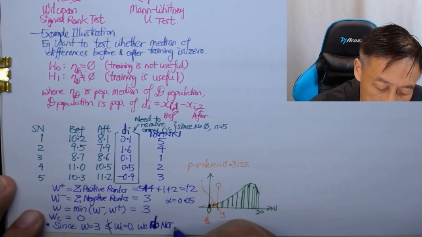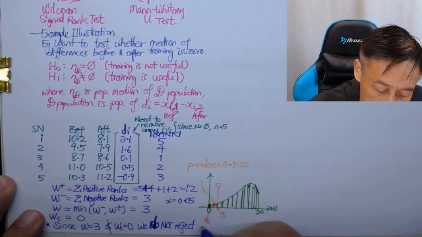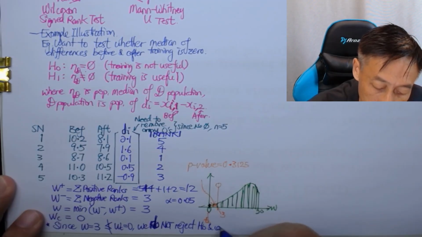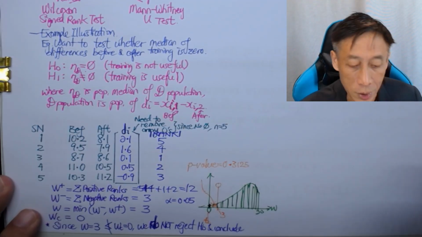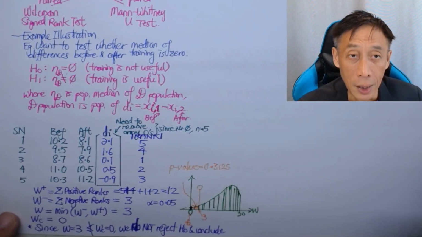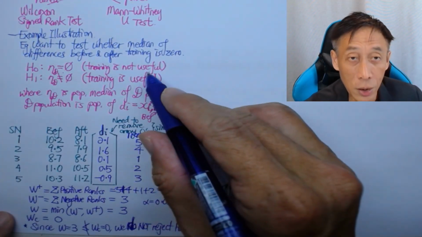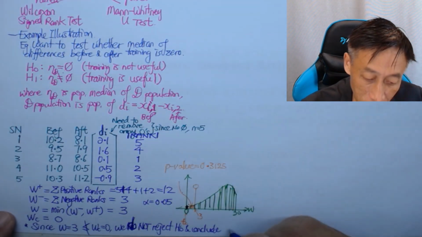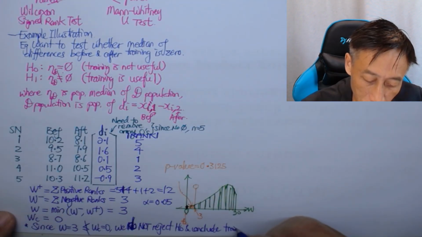We do not reject H naught and conclude whatever H naught says, right, in English. And since the English translation is already there, we can then just say that training is not useful.